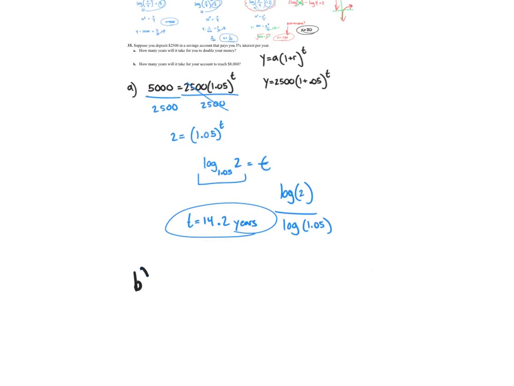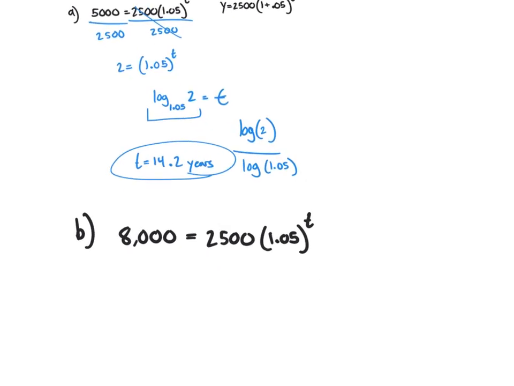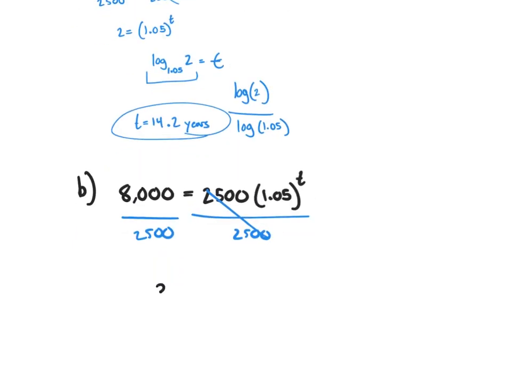Now, part B wanted us to figure out how many years would it take to get to 8,000. And the process will be very similar. We'd first need to divide both sides by 2,500. And we get 3.2. So that means you'd want your money to be 3.2 times as large if you're going from 2,500 to 8,000.